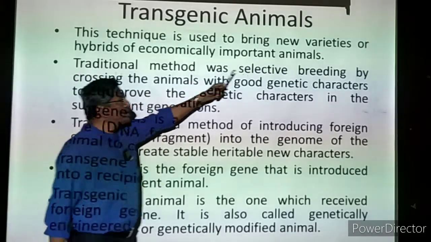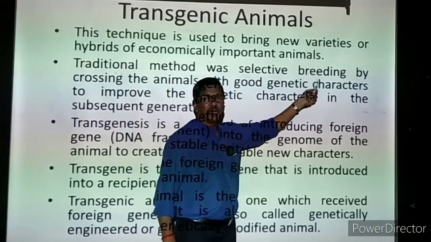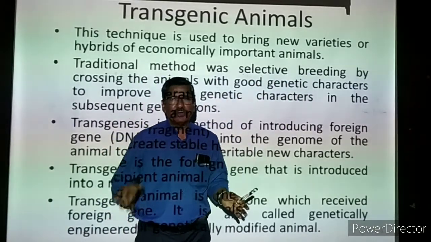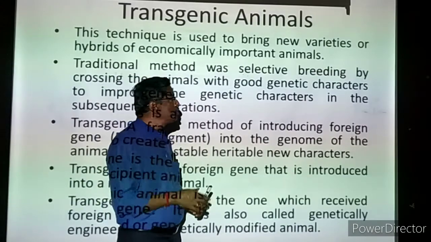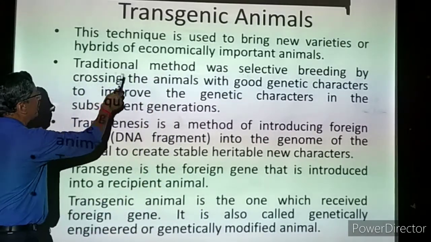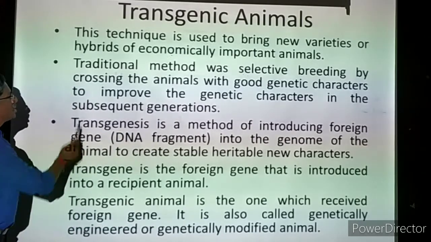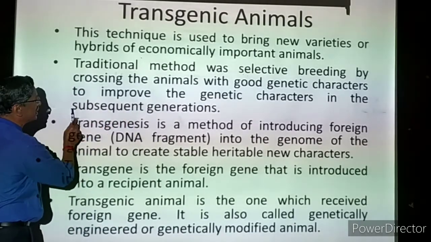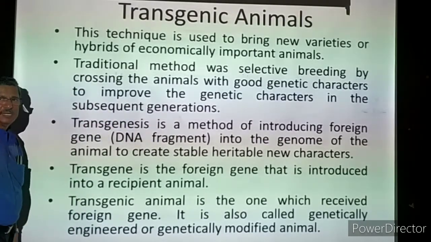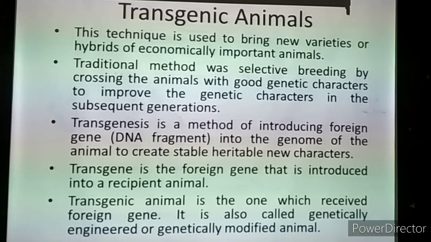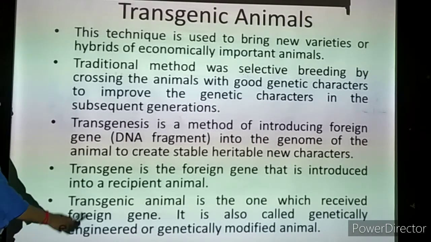That is called selective breeding. Breeding means reproduction. We are selecting the male and female and making them mate each other, crossing the animals with good genetic characters to improve the genetic characters in the subsequent generation. That was the old method. So generation after generation, they will produce strong varieties of organisms.